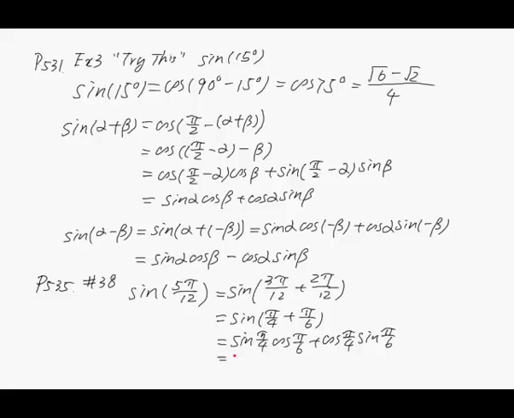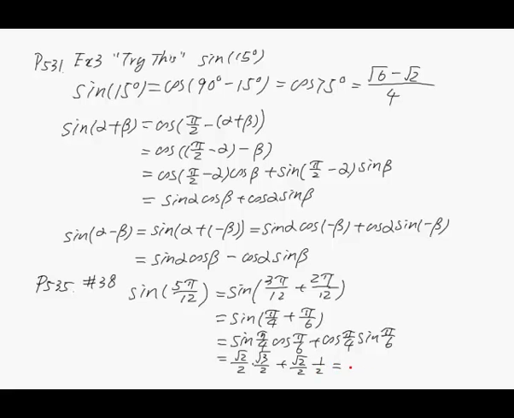And sine of pi over 4 is root of 2 over 2. Cosine of pi over 6 is root of 3 over 2, right? And cosine of pi over 4 is root of 2 over 2, and sine of pi over 6 is 1/2.